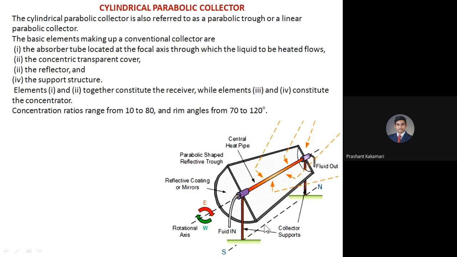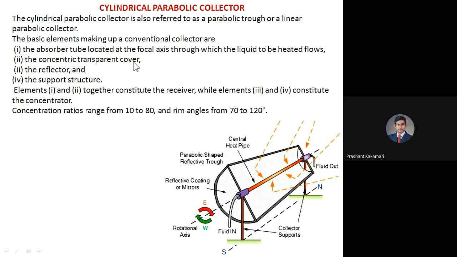You can observe this sketch, everyone can understand. At the focal axis, here it has an axis because it is a cylindrical surface, there is a reflector. So a reflective coating or mirrors are used here, so that all the solar radiation entering the aperture area falls on the reflector surface, and all the radiation will be focused on this central axis, you can call it the focal axis.